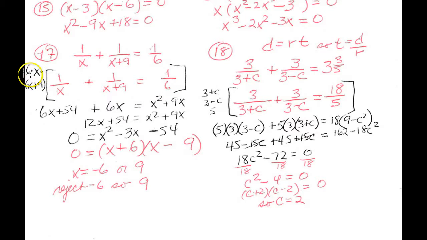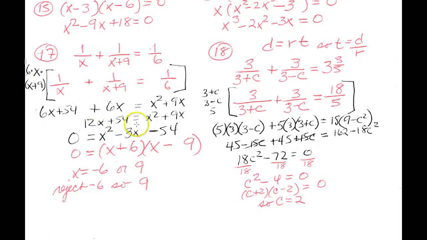So that when we do that, here the x will cancel out, and we get x. Well, the x up here will cancel out. We go 6 times this, 6x plus 54. Now here the x plus 9 cancels out, so we're only left with 6x. Here the 6 cancels out, and we're left with x squared plus 9x.